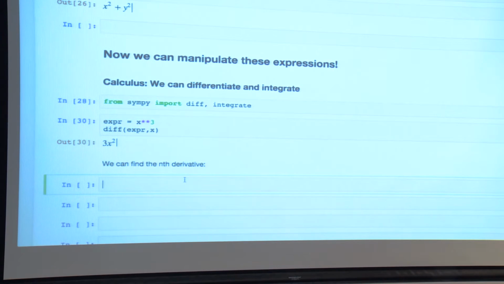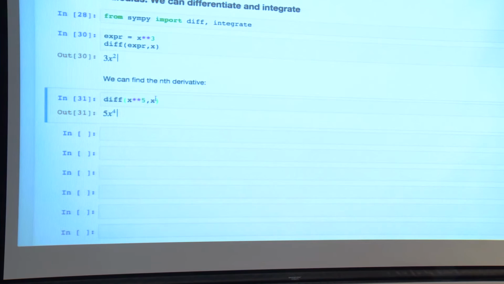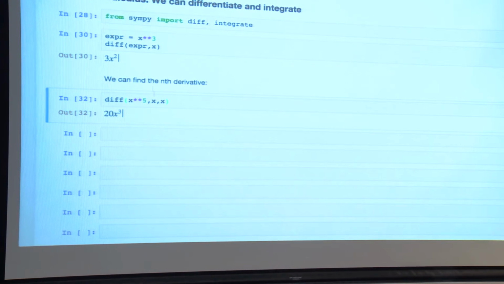We can also differentiate several times. Let's say we have x to the power of 5, and we do like this. So we have differentiated it one time. Now if I add another x, I will find the second derivative of x to the power of 5. And you can add as many x's as you want.